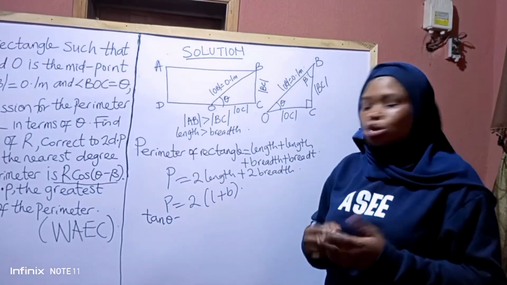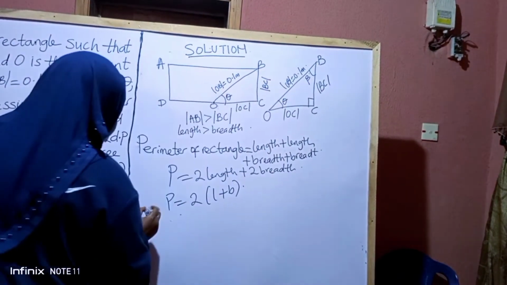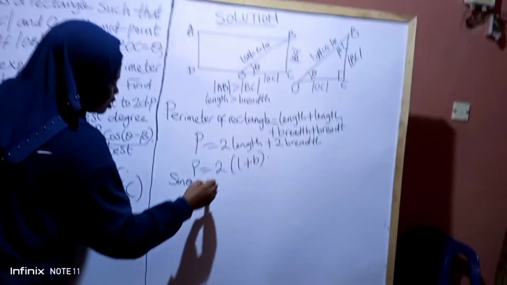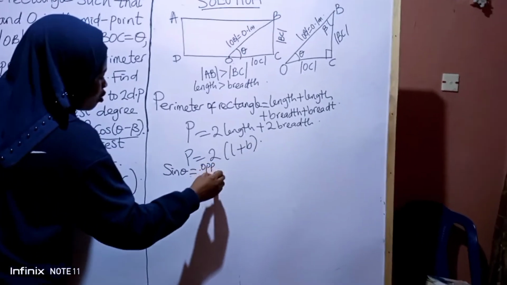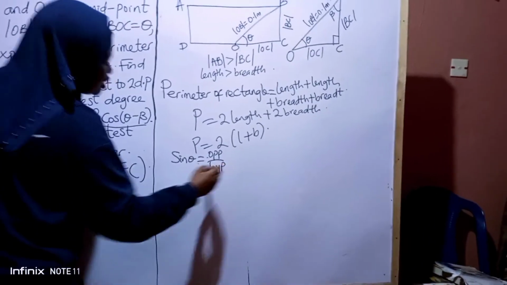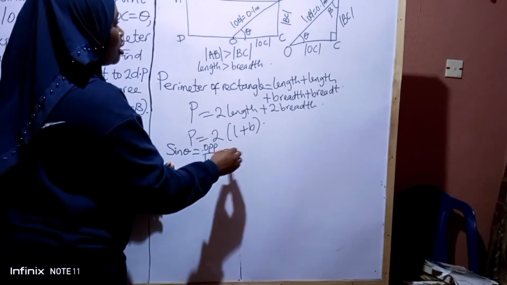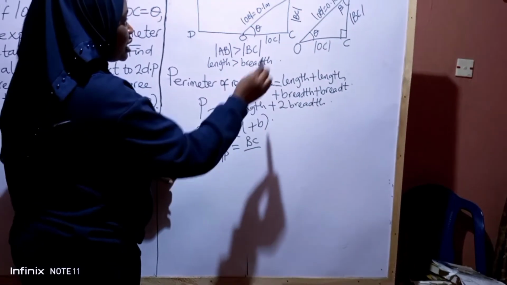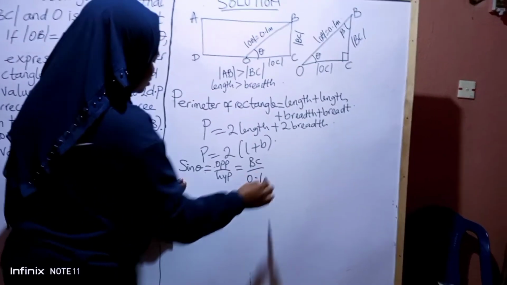That is, sin theta is equal to what? Opposite over hypotenuse. Now, what is our opposite? Opposite is line BC over hypotenuse. Hypotenuse is 0.1.